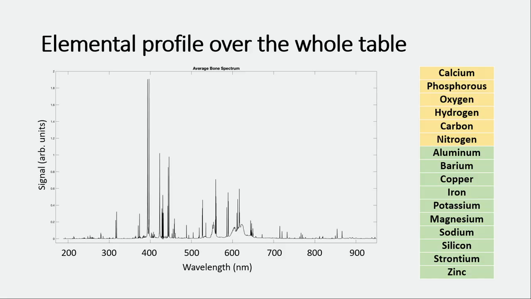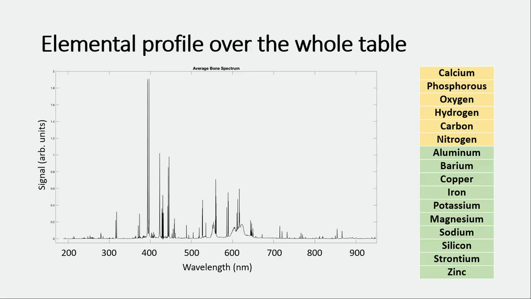There are no limitations. This is an average spectrum of a bone from our own data, and we see all these elements in there. I didn't assign all the lines, that would be a mess on this screen. But we see all those elements there. So we are very sensitive to majors, minors, and traces.